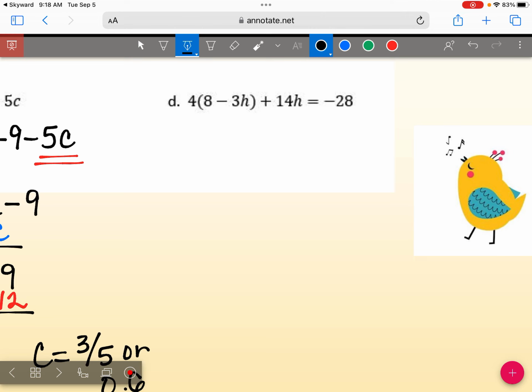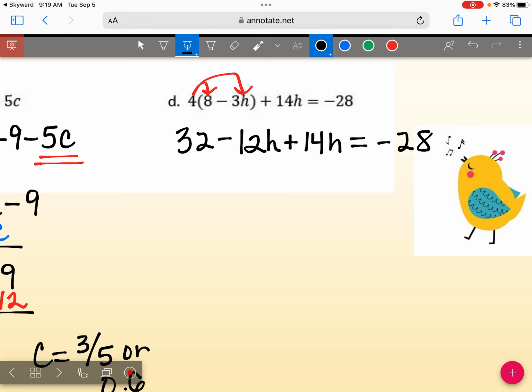What did you do first? Distribute it. So can someone tell me, Rowan, what did you get when you distributed that 4? What's 4 times 8? 32. And 4 times negative 3? Okay, so that should be your first step. Then your second step would be to combine like terms.